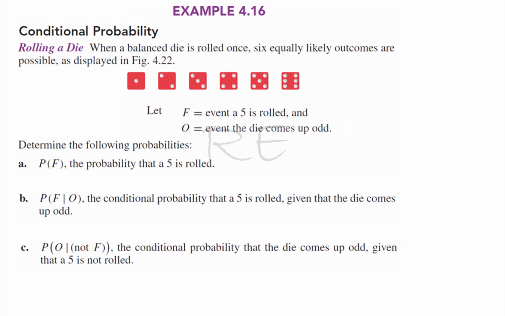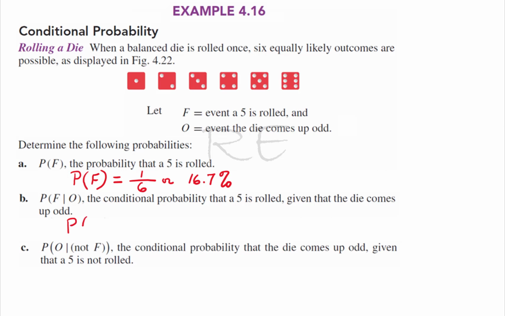We're going to determine the probability of F, which is the probability that we roll a 5. There's only one 5, so P of F will be equal to 1 over 6. We have 6 events in the sample space, approximately 16.7%.